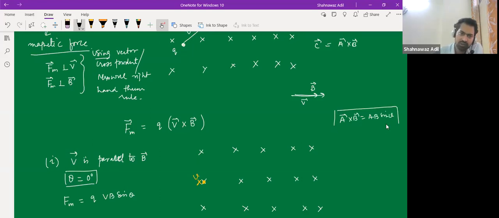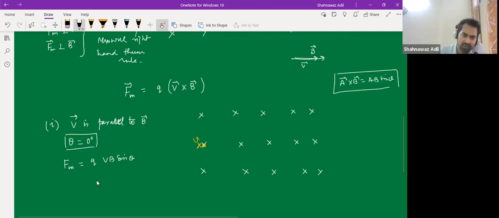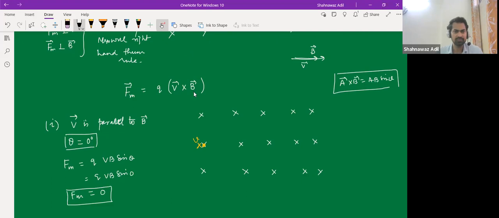Theta is 0, so QVB sine of 0, which means this is 0. So magnetic force would be 0 when the velocity of the charge is parallel to the magnetic field. Understood? Clear, guys?